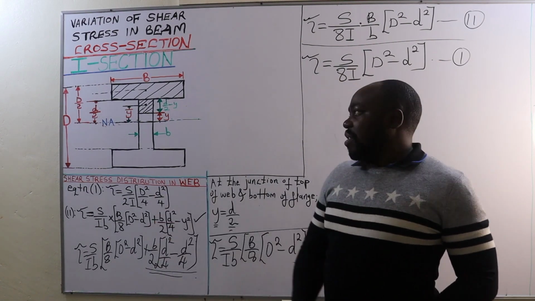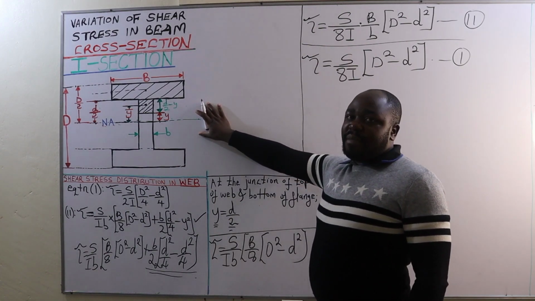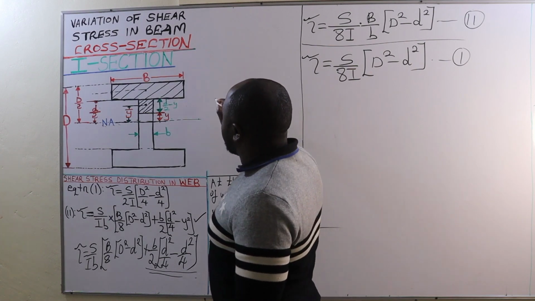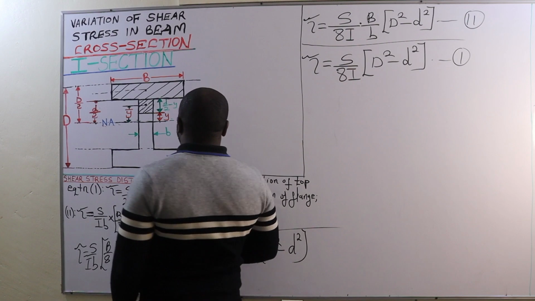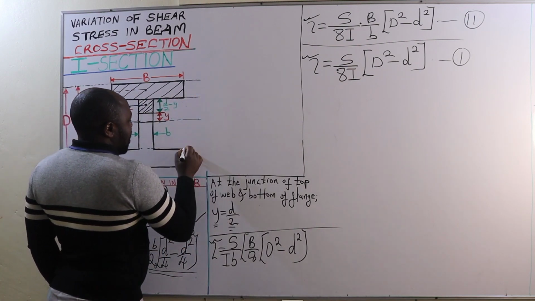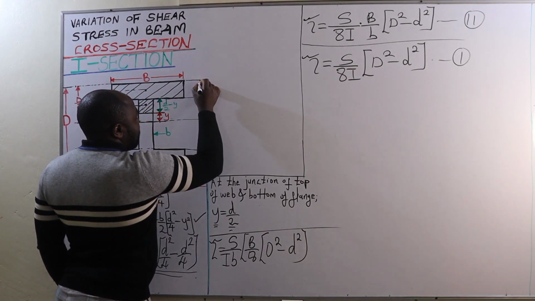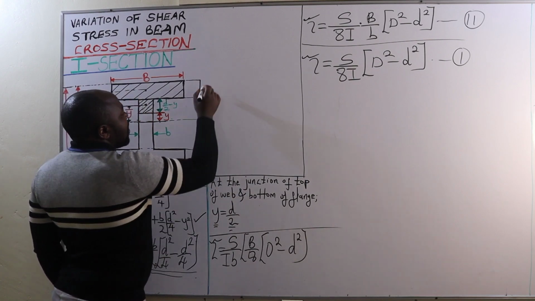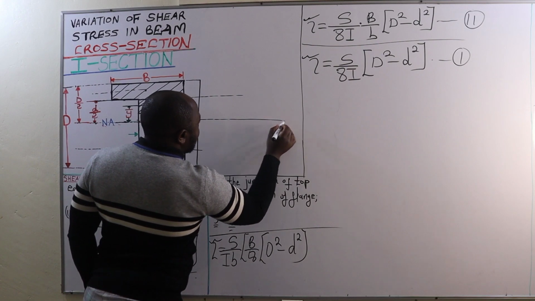Now, from these two equations, equation 2 as well as equation 1, we can see that there is an abrupt change in shear stress. Now, plotting the shear stress distribution diagram, or the variation in shear stress for this I-beam section, we are going to have a shear stress diagram that looks like this. So we have a straight line from top to bottom, and then we have this, that is the neutral axis.